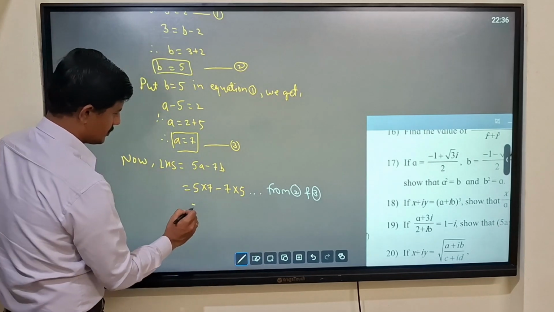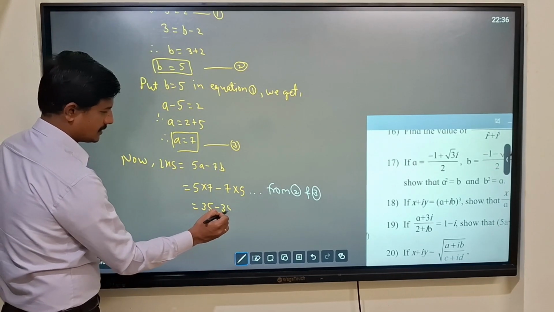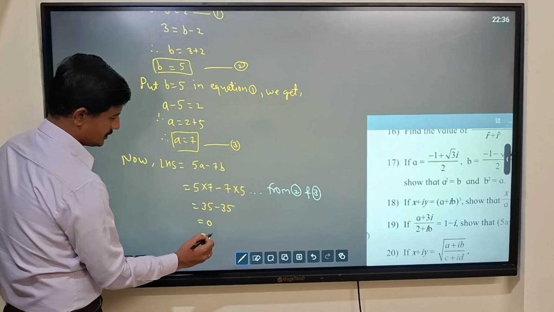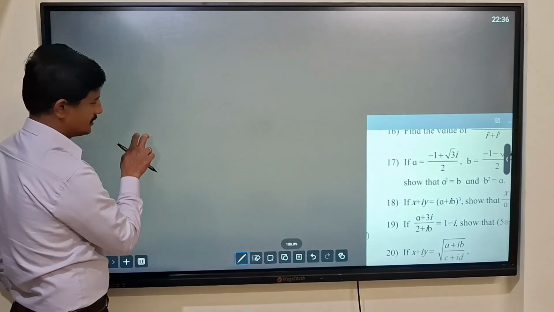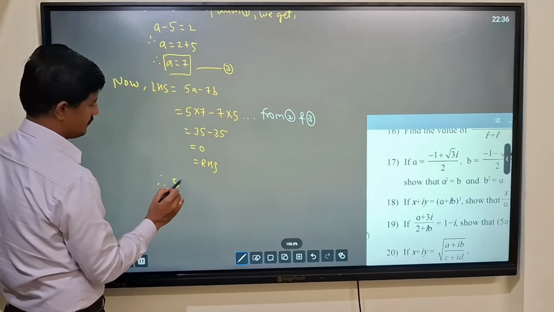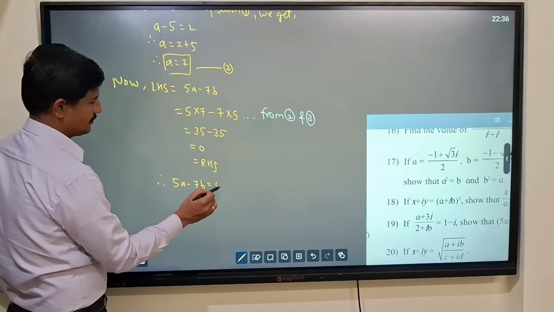Okay, this becomes 35 minus 35 equal to 0, which is the RHS. Therefore, 5a minus 7b is 0.